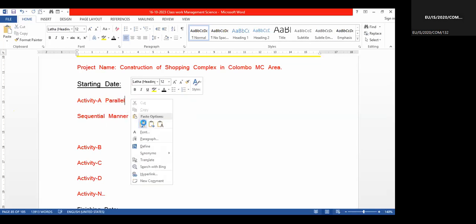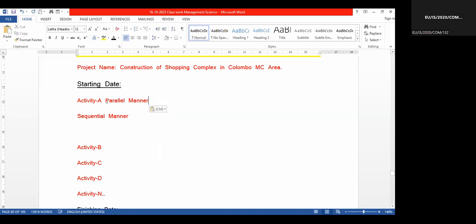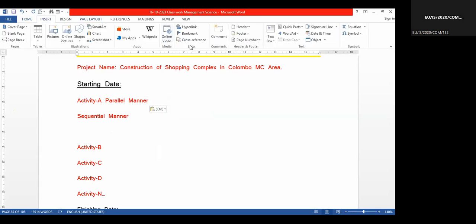Sometimes some activities we can do in parallel, but for some activities, without the construction work being done, we cannot put a roof. So it is a sequence, one after the other. Therefore, if it is a project, many activities are involved.